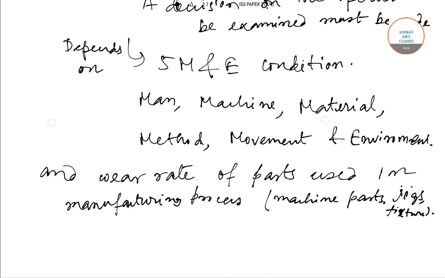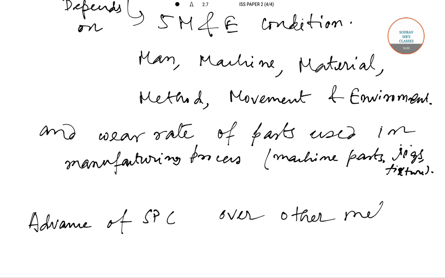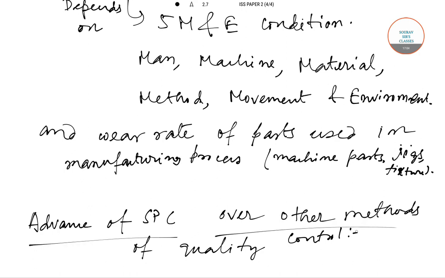Now the advantage of SPC over quality control is a well known fact of industrial statistics. The advantage of SPC over other methods of quality control, other methods such as inspection.